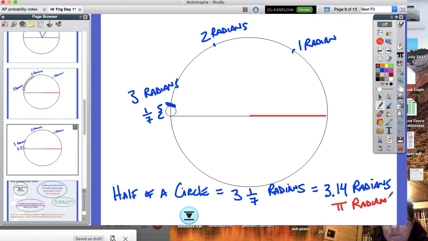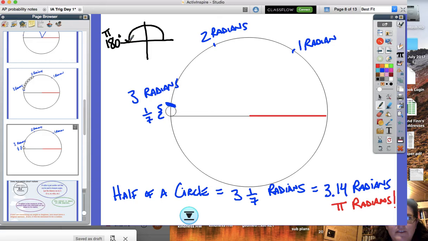So, half of a circle. Let me draw a little picture here. Half of a circle, starting here and going halfway around, is 180 degrees. Half of 360 is 180 degrees. If I was going to talk about this in terms of radians, it's pi radians.